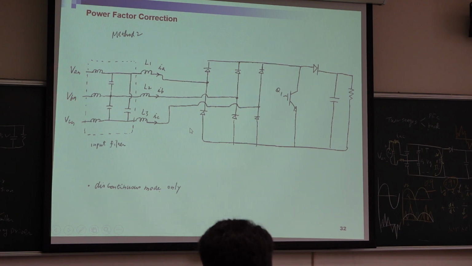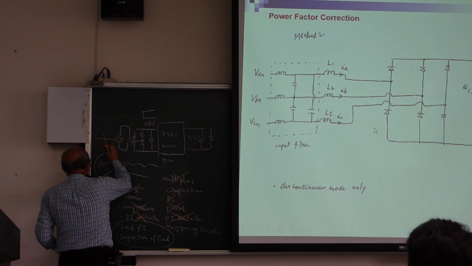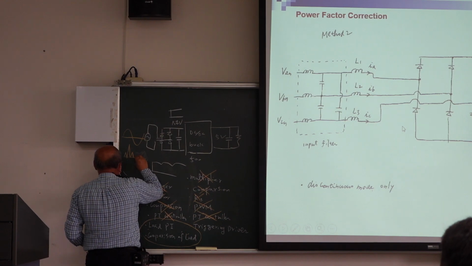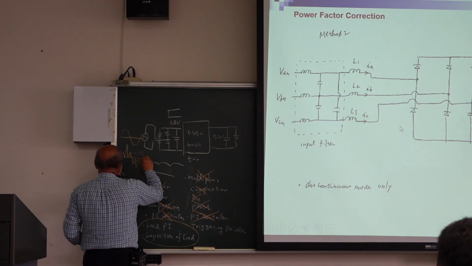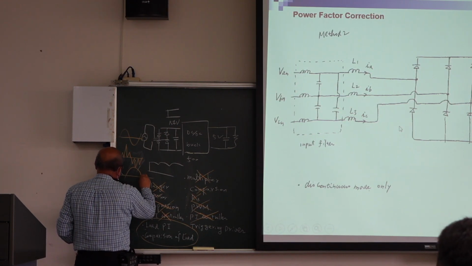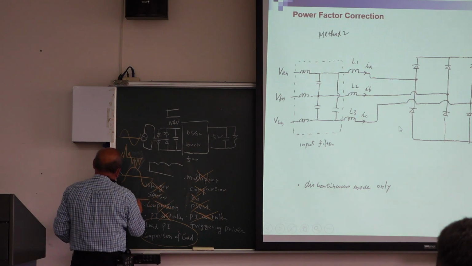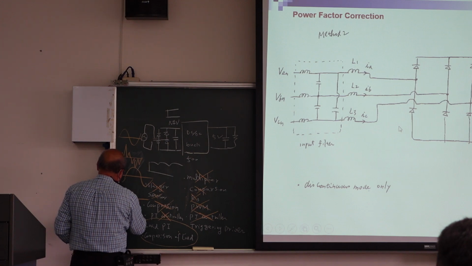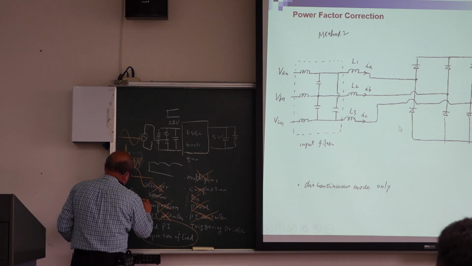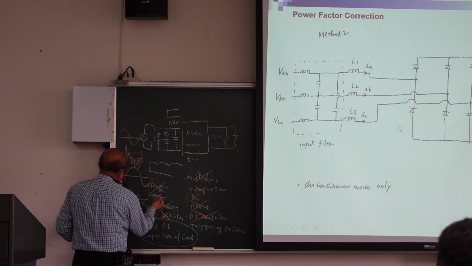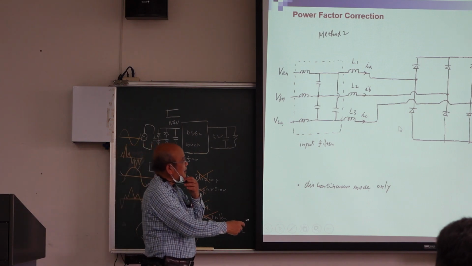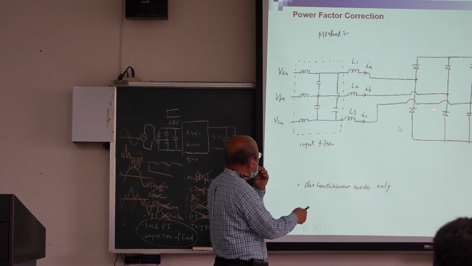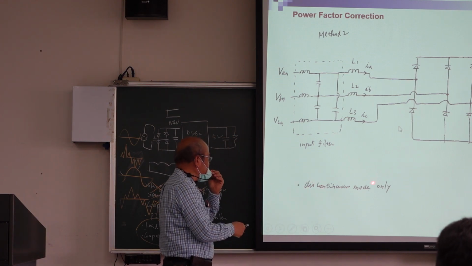So we have VAN here, and then we control the current like this. And we have VBN here. Then we can control the current like this. So then we have three-phase, but only one switch. We only need one switch. This is also okay. So this is discontinuous mode.